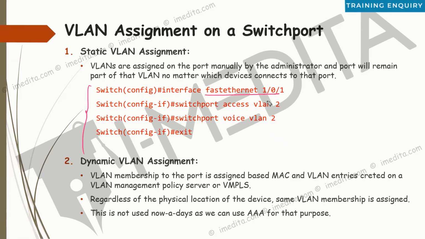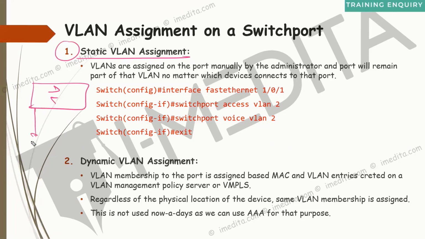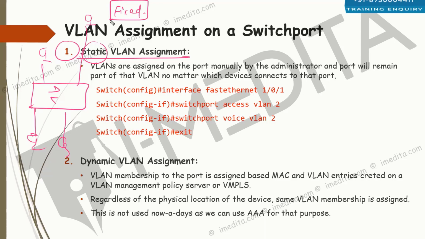If I configure the port into VLAN 2, that port will remain in VLAN 2 no matter who connects to that particular port. This static VLAN assignment is beneficial when we do not have users roaming around the network, when the users are fixed at a certain location.